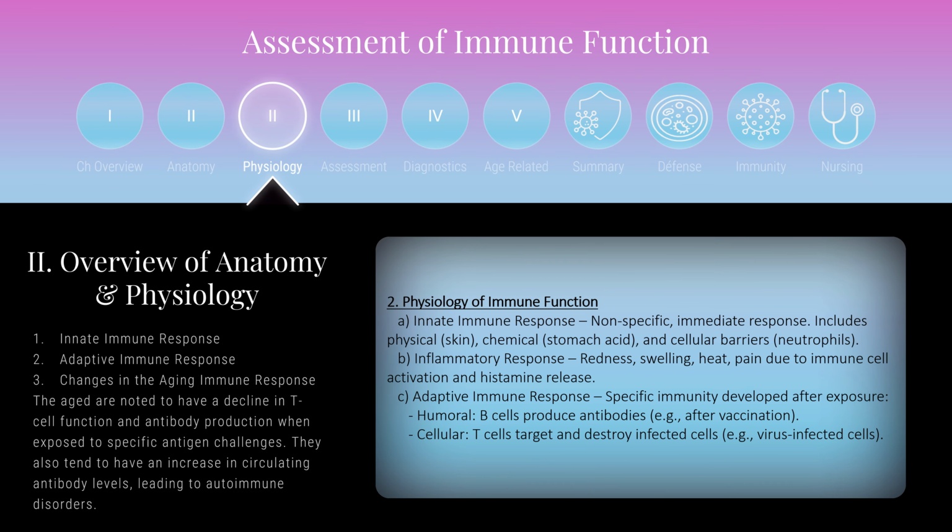Here we have the physiology. So the physiology is the innate immune response, the adaptive immune response, and third, changes in the aging immune response. We see age-related changes: the aged are noted to have a decline in T cell function and antibody production when exposed to specific antigen challenges.